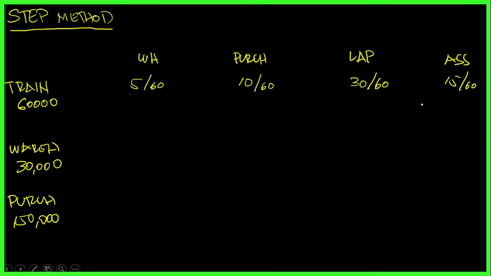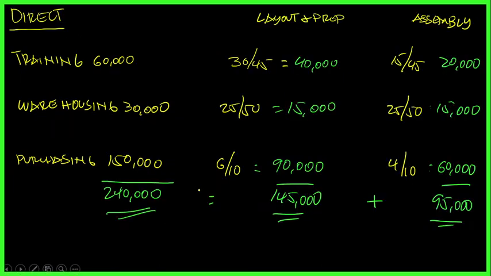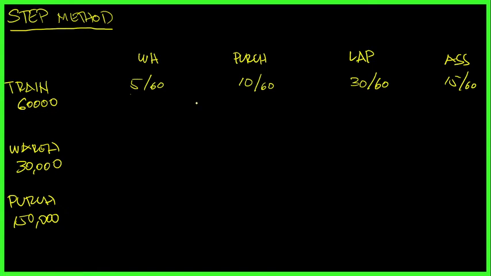Sir, why is the personnel for training not included? Because we are allocating the cost for training, so we're not going to consider that. We'll just use 5, 10, 30, and 15. Using that ratio, we multiply that to 60,000. 60 divided by 60, times 5. Oh, that's easy. So that will now be how much? 5,000.